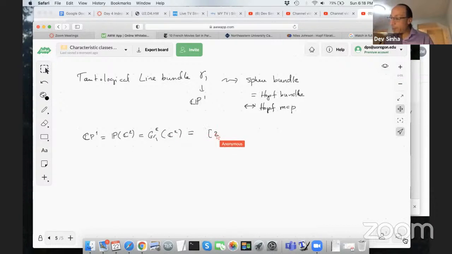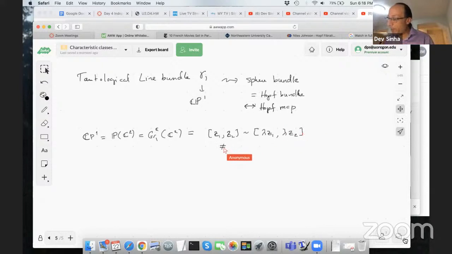So we've got Z1, Z2, and when I write them in these brackets, that means that pair is equivalent to the pair where I scalar multiply both of them by the same number, because that's what happens if you're looking at a line.